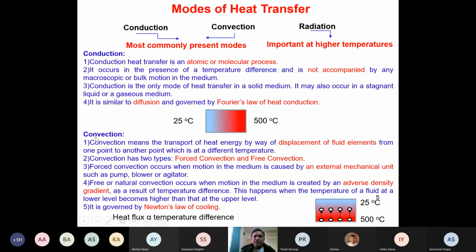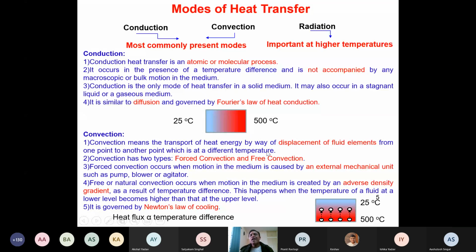Let's look at another mode, which is convection. Convection is present whenever there is a velocity field or turbulence in the fluid medium. Convection means the transport of heat energy by way of displacement of fluid elements from one point to another point, which is at a different temperature.